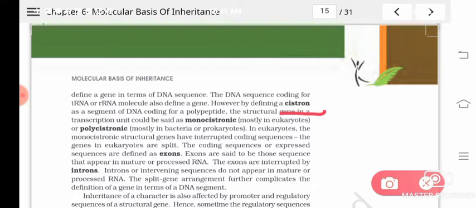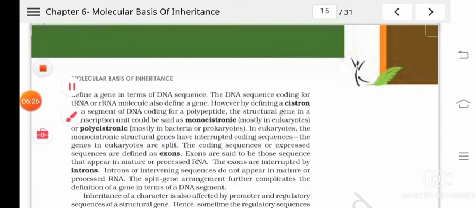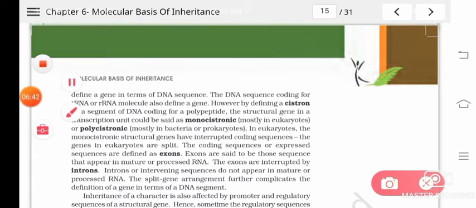A cistron can be monocistronic, like in eukaryotes. Here the cistron is able to produce only one polypeptide chain, and this is called monocistronic. But in prokaryotes, you can see polycistronic, meaning many structural genes.